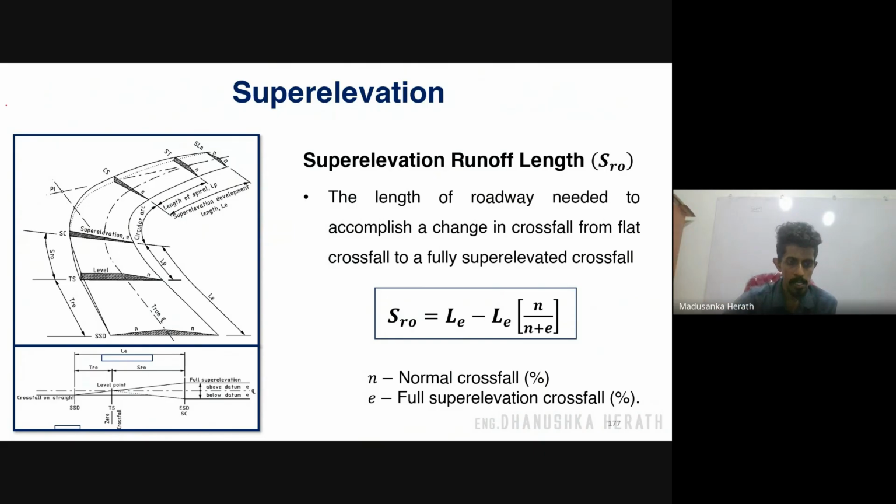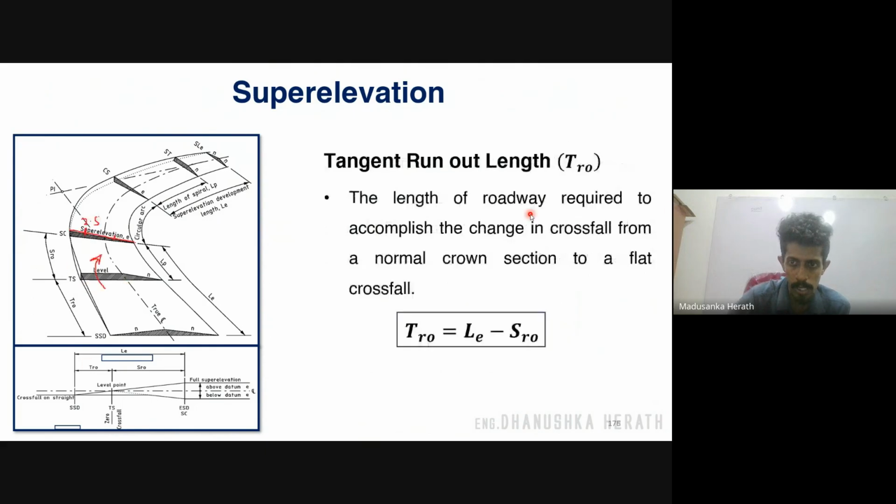Right, then this length, the length that is required to take this one from the normal cross fall to the flat level, flat cross fall, that is called the tangent runout length: the length of roadway required to accomplish the change in cross fall from a normal crown section to a flat cross fall, like this.